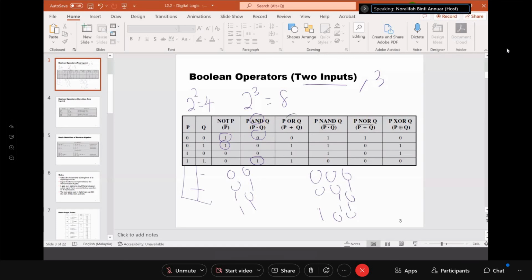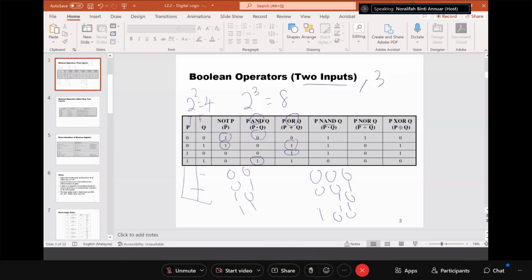For the OR operation, we call it true or false, with true being value 1 and false being value 0. For OR, 0 or 0, you get 0. If one of the inputs is true, 0 or 1, the output will be 1. For 1 or 0, if any of the inputs is true or 1, the output will be 1.